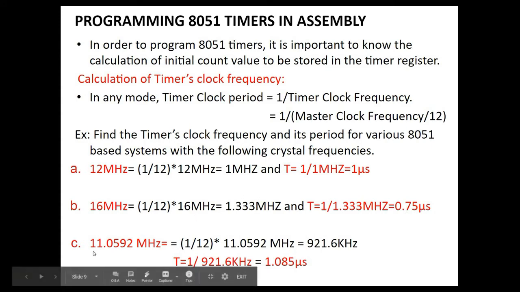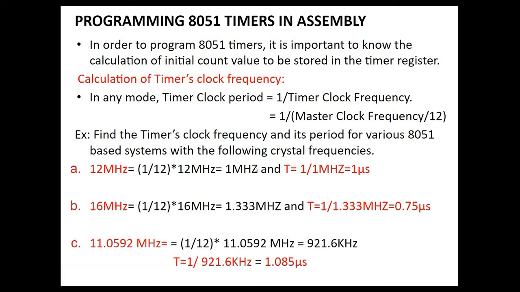Similarly, in the other example, if the crystal oscillator connected to the 8051 is 11.0592 megahertz, then we get a timer clock period of 1.085 microsecond.